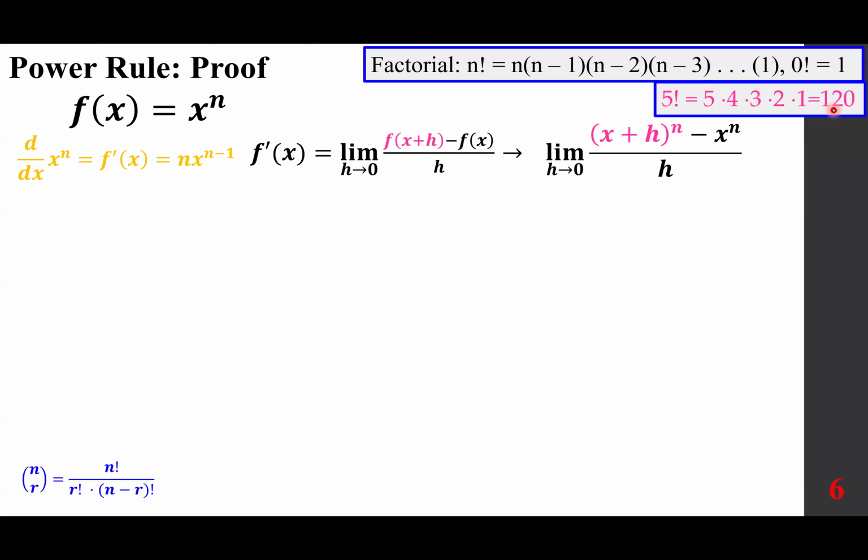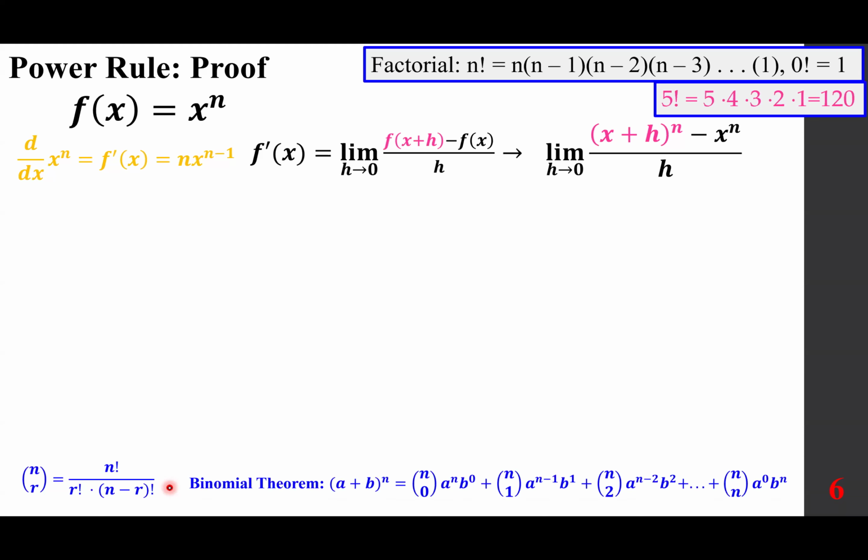Combination of n items, choose r, has the formula n factorial over r factorial times n minus r factorial. Binomial distribution uses this information.